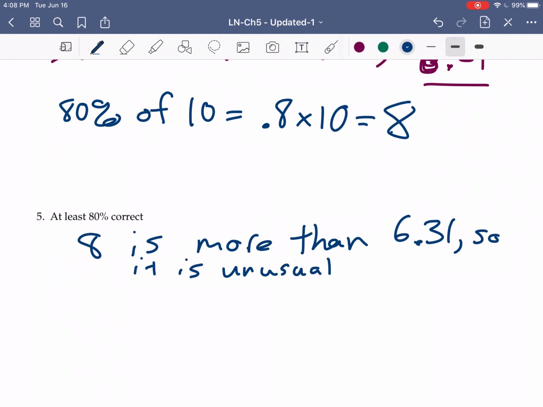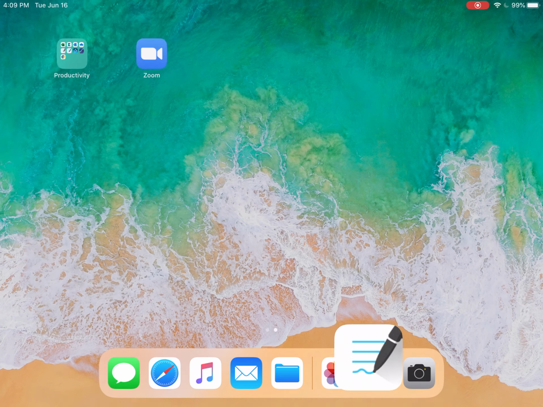You could also say, is 8 unusually high? If we want to talk about unusually high, we would find the probability of 8 or more. To do that, I would go to StatDisk.